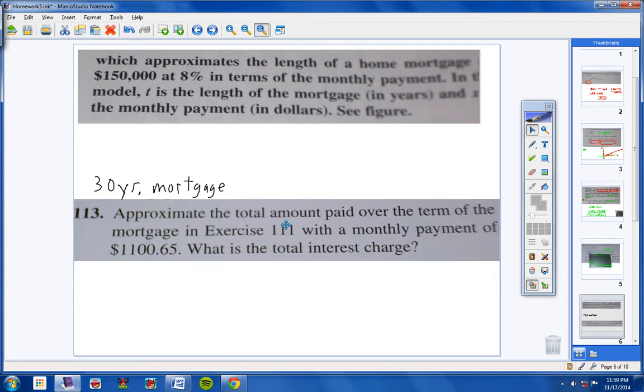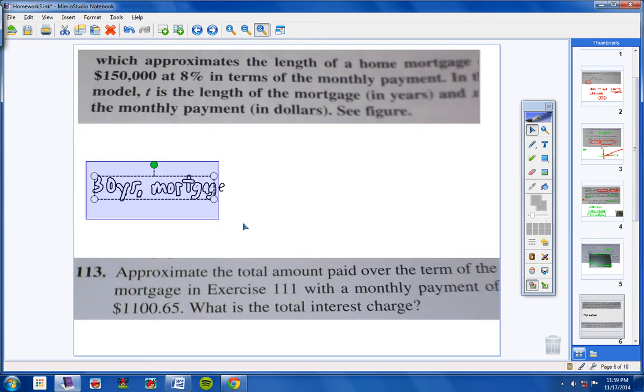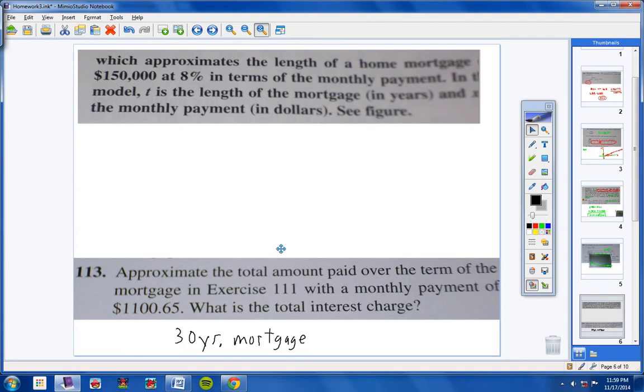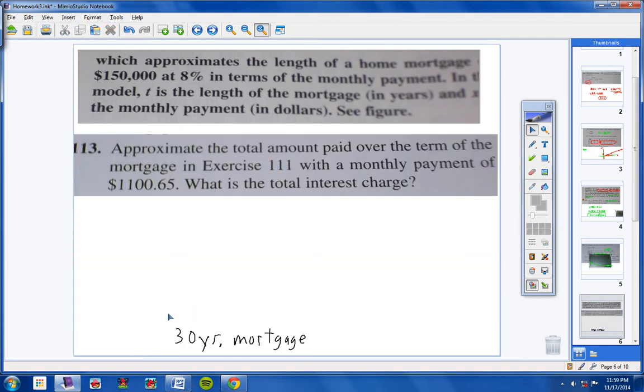Here's what it says. Now approximate the total amount paid over the term of the 30-year mortgage with this monthly payment right here.